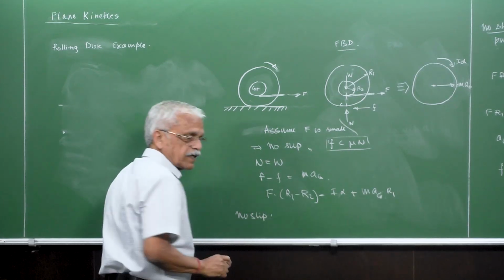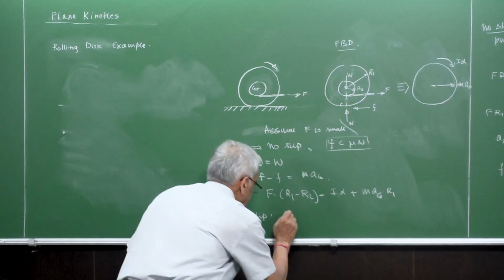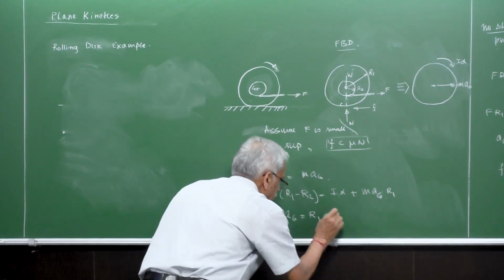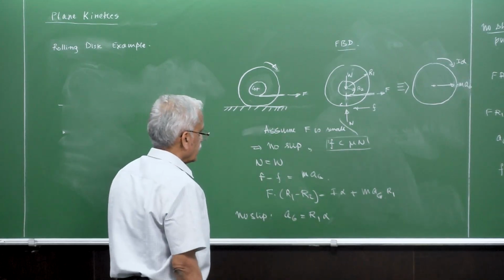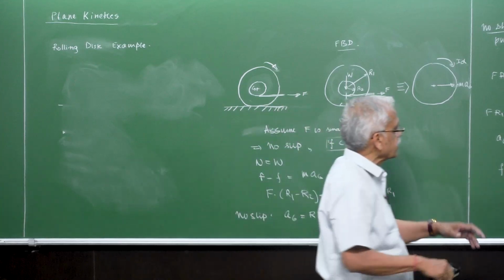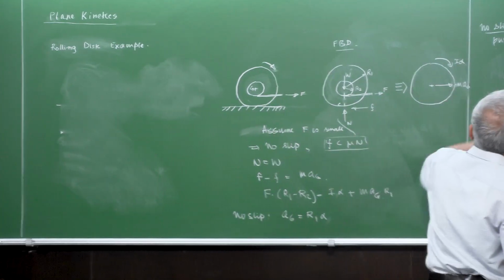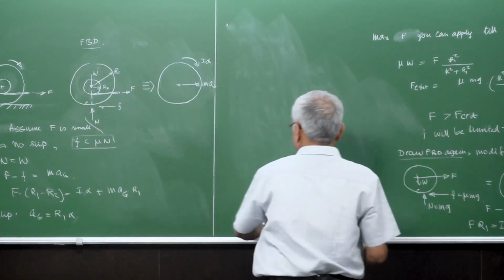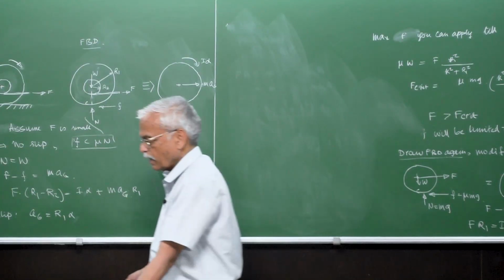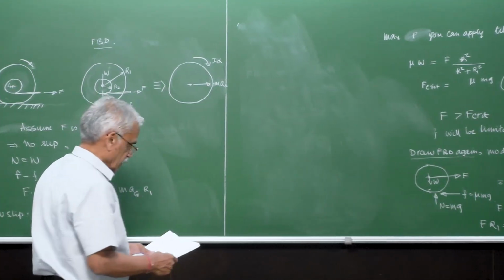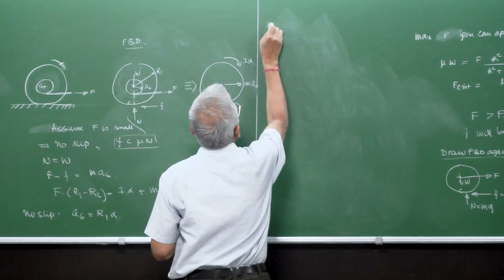The kinematic constraint is that a_G is equal to R1 alpha. Okay. So these are the various conditions here. Just like we have done earlier, we can do the same thing here. So we will evaluate a_G and alpha. I'll just quickly go through it without really solving those equations.